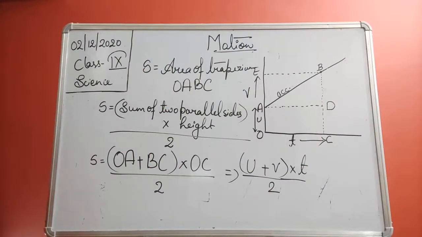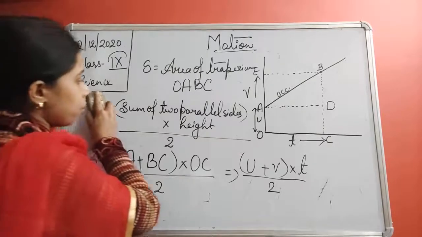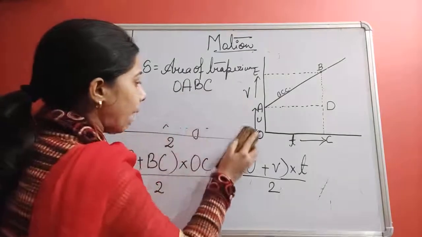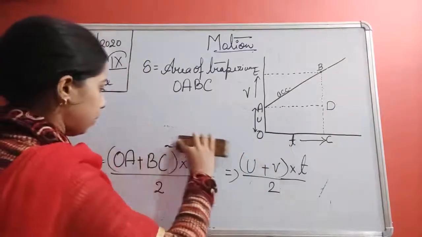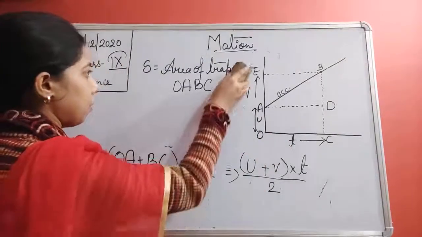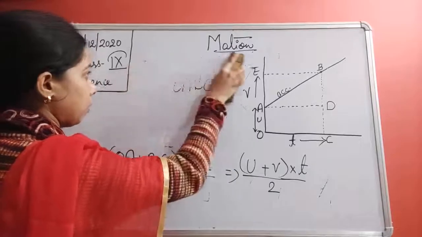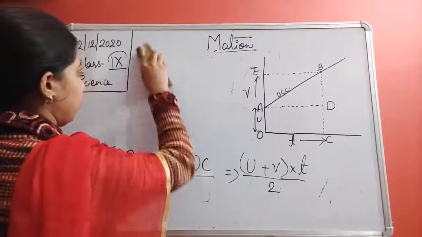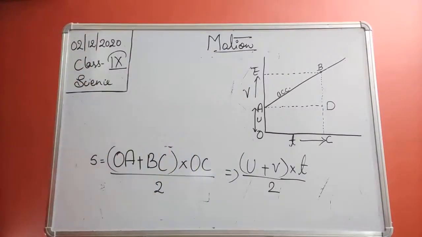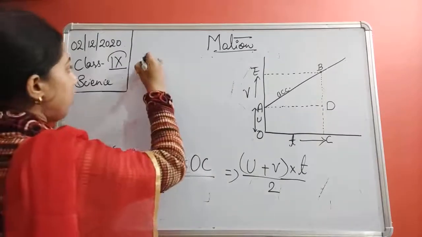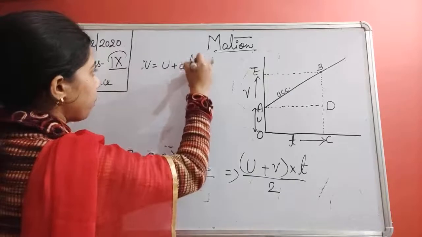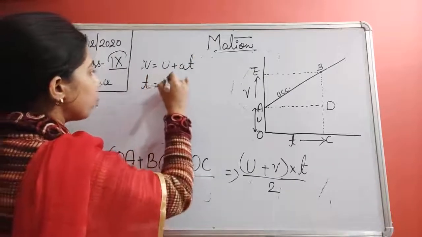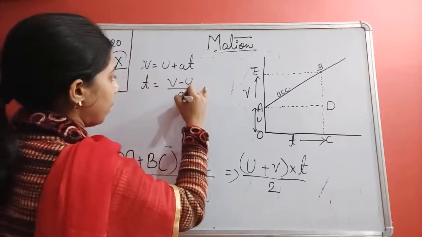Now from the first equation of motion, students, we have seen that it can be written as v is equal to u plus at, or t is equal to v minus u upon a.